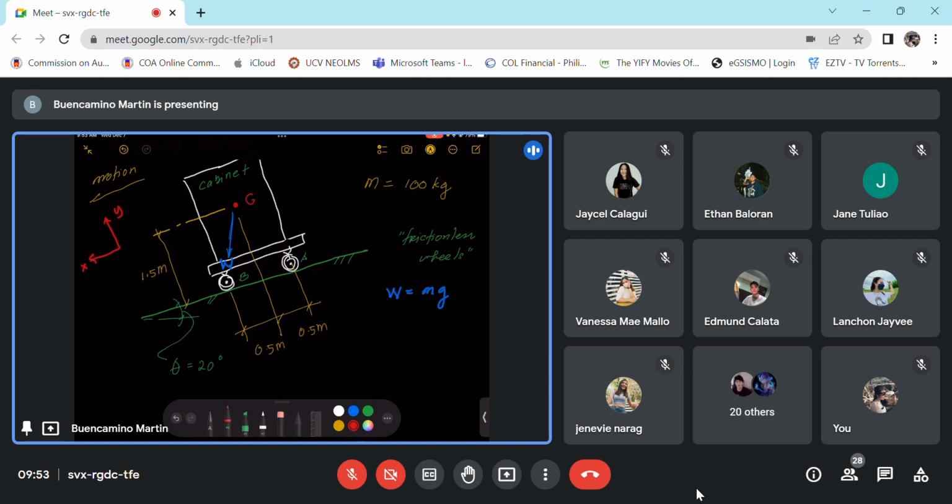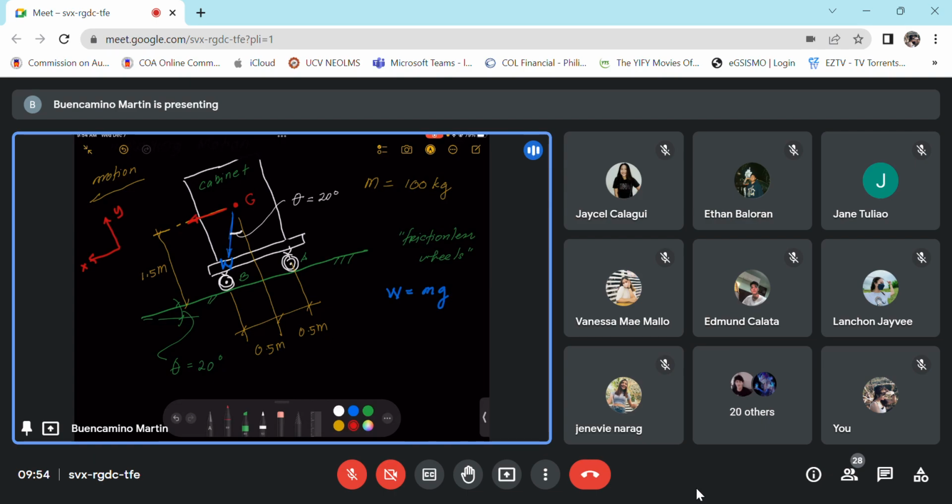And so if we're going to resolve this W into its two components, one would be directed along x-axis. Now notice, class, that this angle in here between the normal and the line of action of W is also angle theta. It's also equal to 20 degrees.